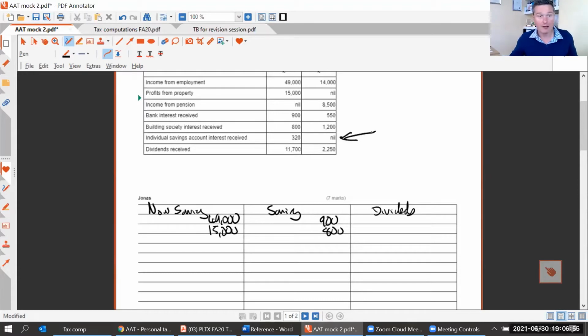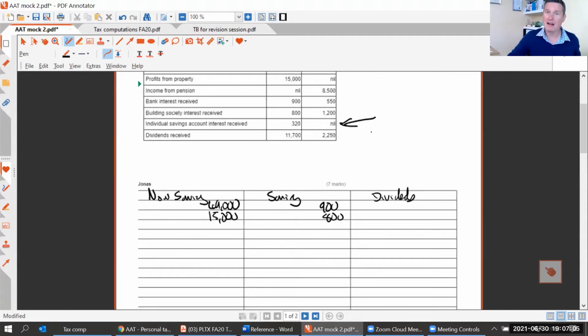Never, ever, ever, this is an AAT sample assessment, never ever put an ISA in a tax computation. If you really want to be pedantic, I would mention that it is exempt, but just put exempt.